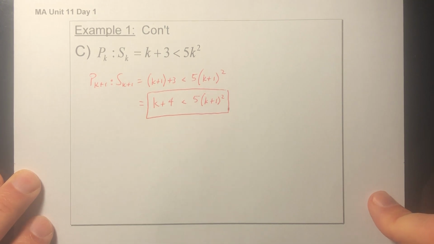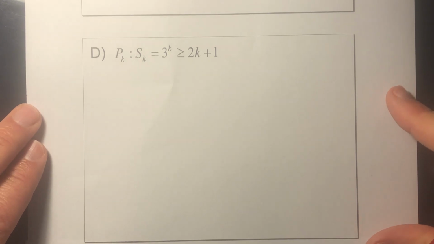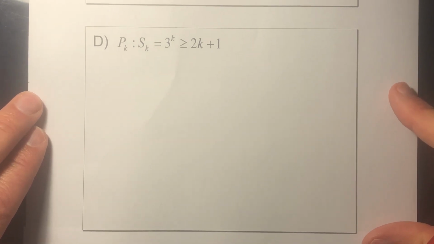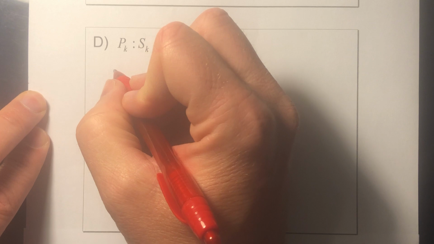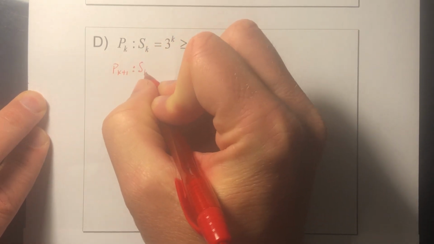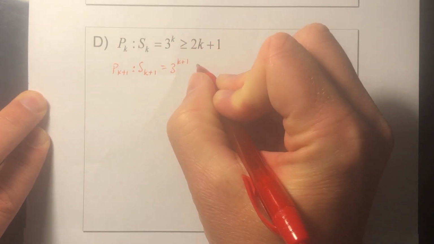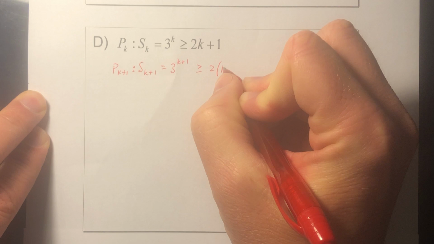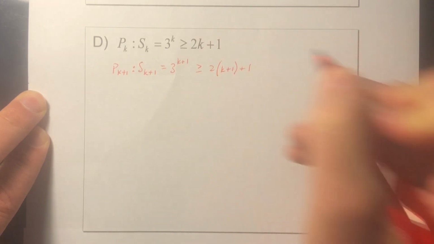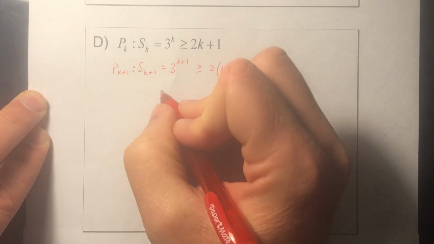Okay, so again, we're just replacing the k with k plus 1. All right, last one like this. So we're going to replace the k with k plus 1. All right, so replace every single k with k plus 1.